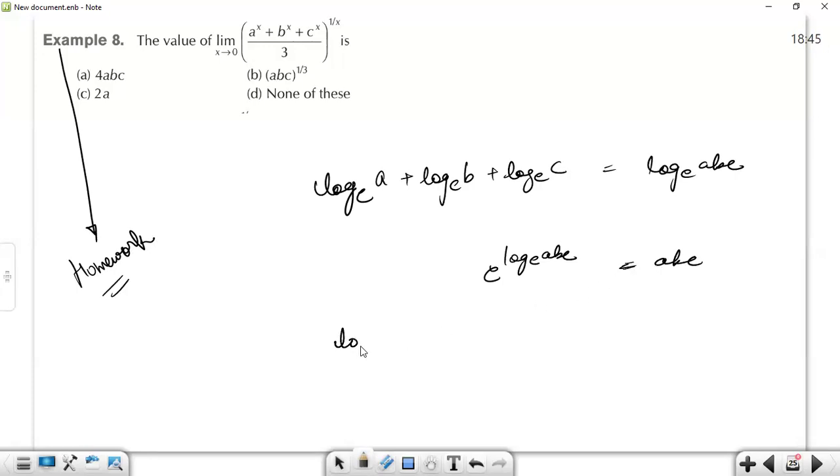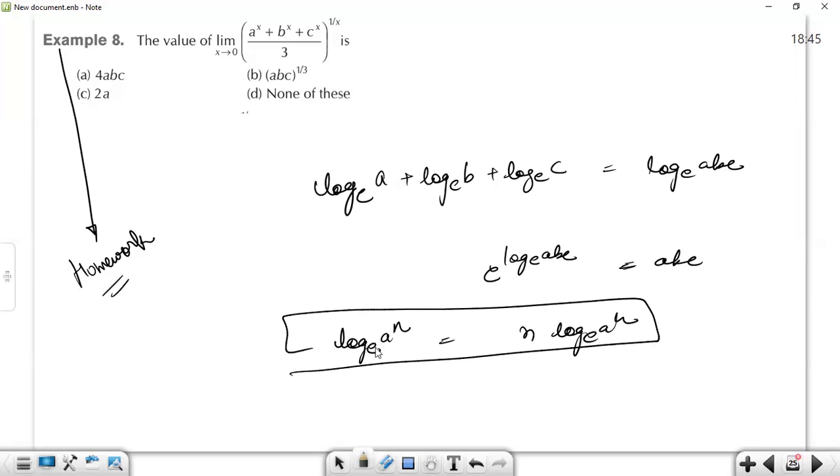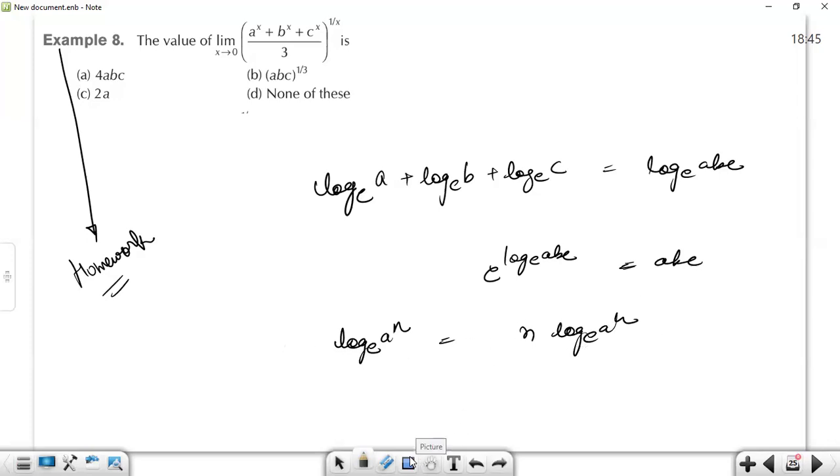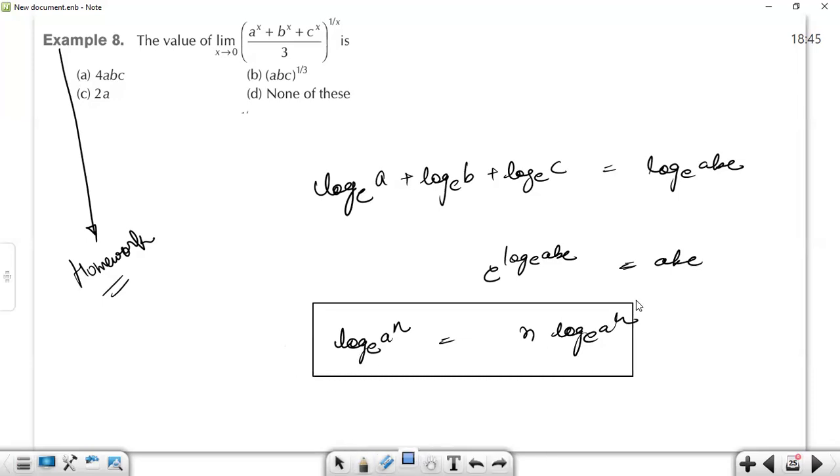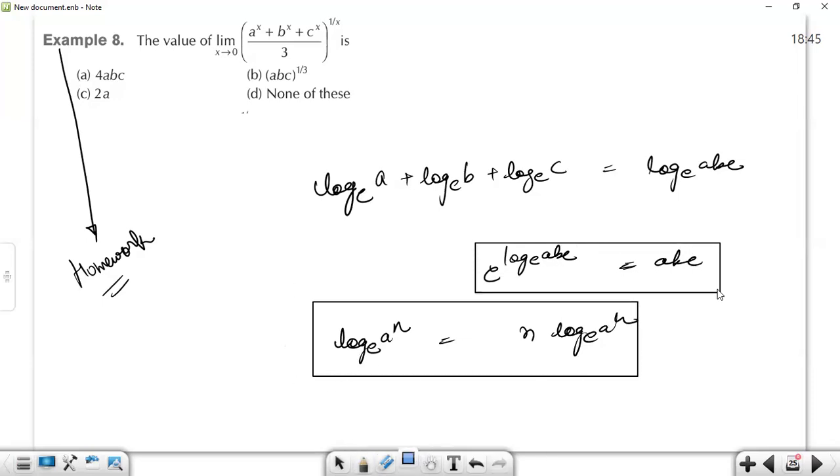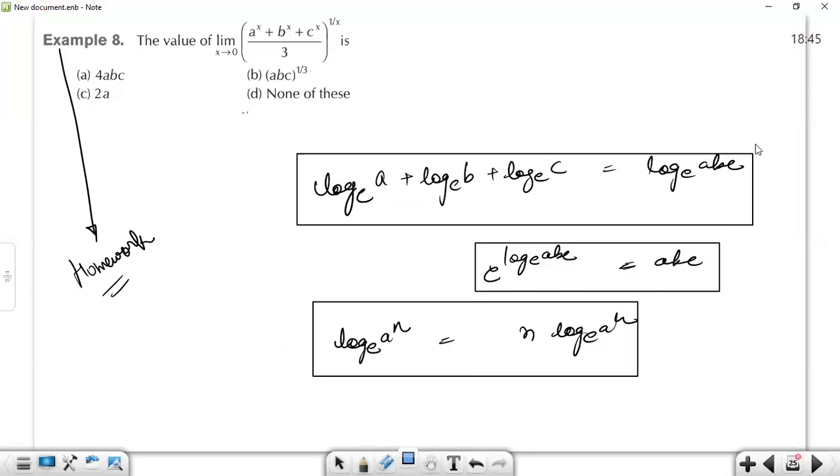And log of a raised to power n is n log a. Log of e raised to power n is n. The converse is also true. These are some basic logarithm concepts, and I'm very sure that you must be aware of these from your class 11th itself.